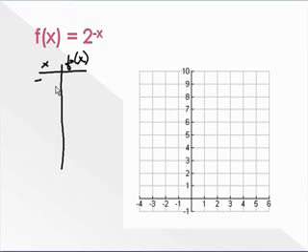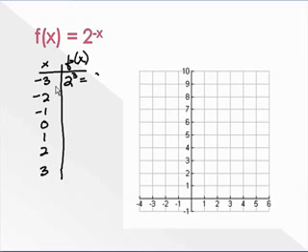I did negative 3 through 3, all the integers. So let's start off with negative 3. So 2 raised to the opposite of x. If x is negative 3, we want to take the opposite of it, so that will make it a positive 3.